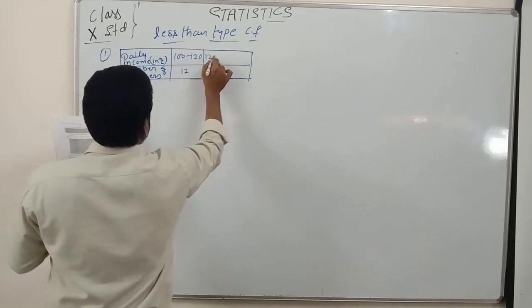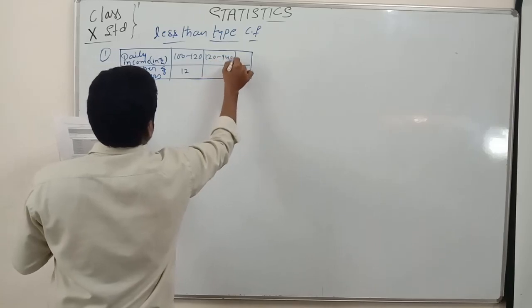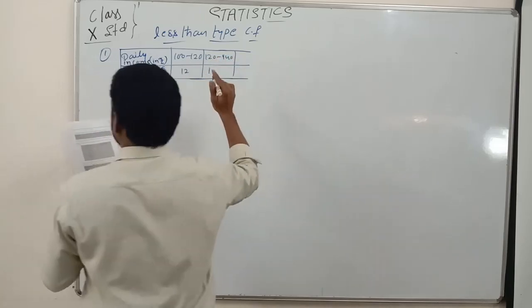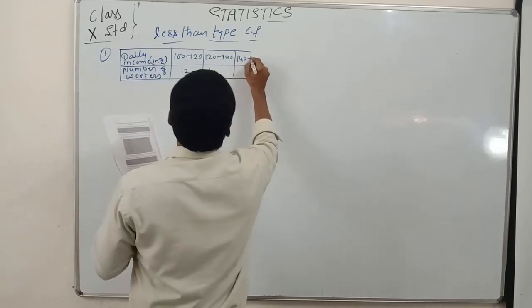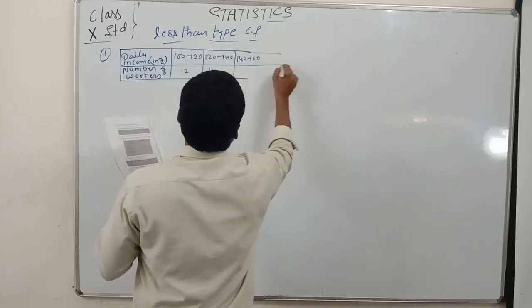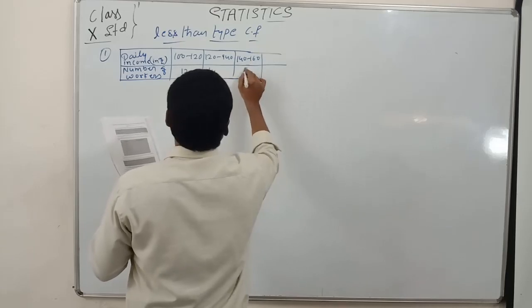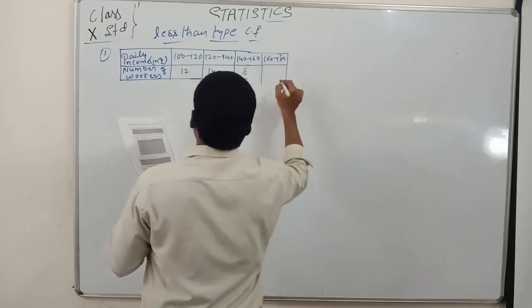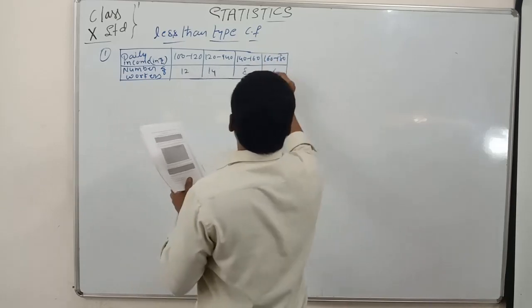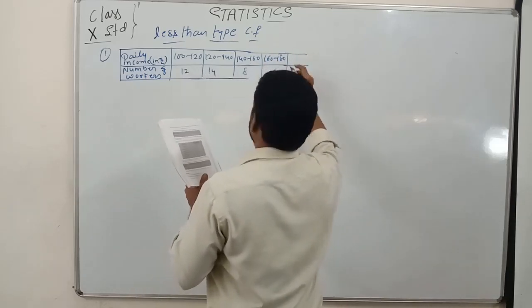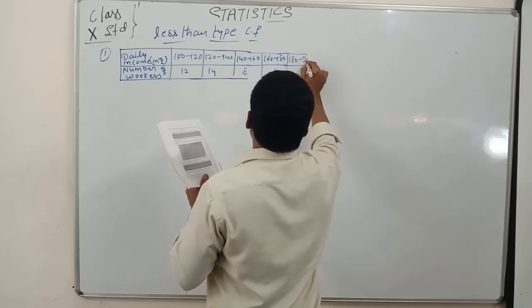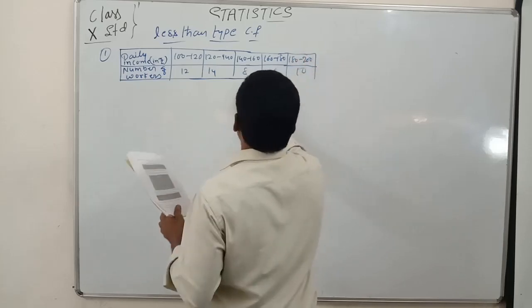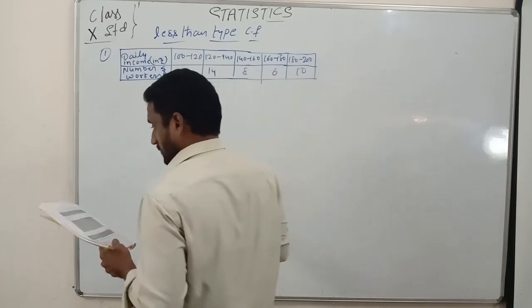Next 120 to 140, how many are there? 14 members are there. Again 140 to 160, how many are there? 18 members are there. 160 to 180, how many are there? 6 members are there. Next 180 to 200, how many are there? 10 workers are there.